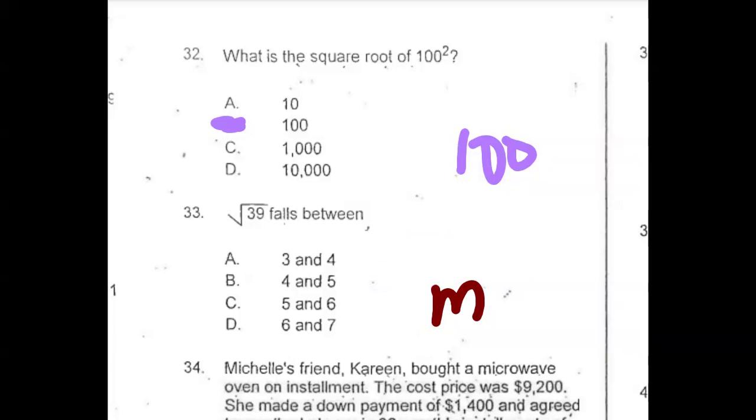Now, here's the thing now. The square root of 39. All right. So let's try this.